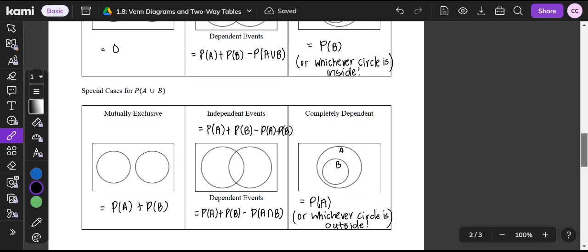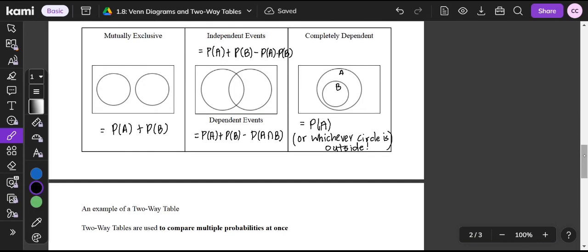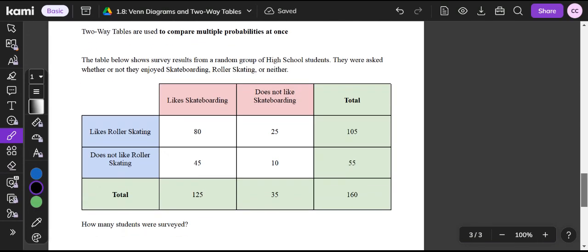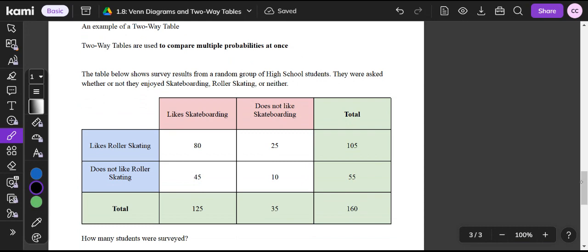All right, very good. That is it for Venn diagrams. If you guys flip over to the second page, there's another way to compare probabilities and data. This is specifically used for survey data. So you're going around and you're asking people a question or two questions and you're getting their responses. This is how you organize data for a survey.